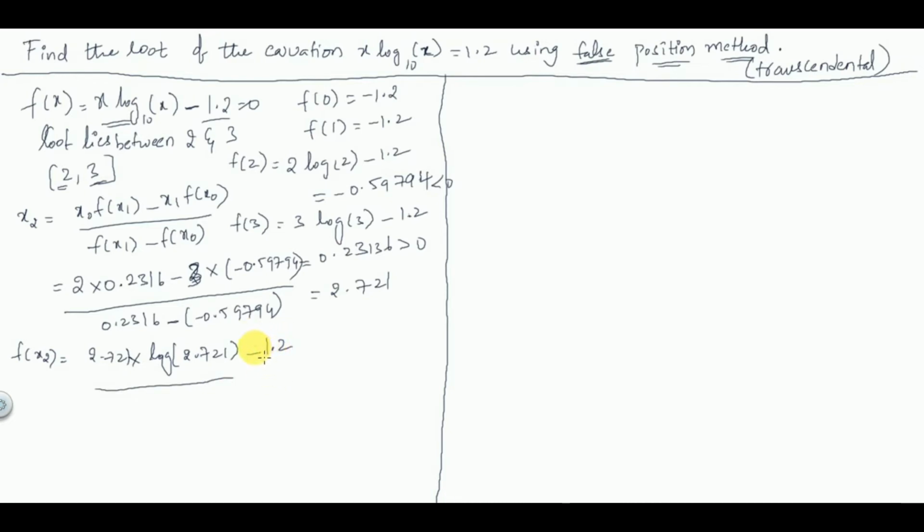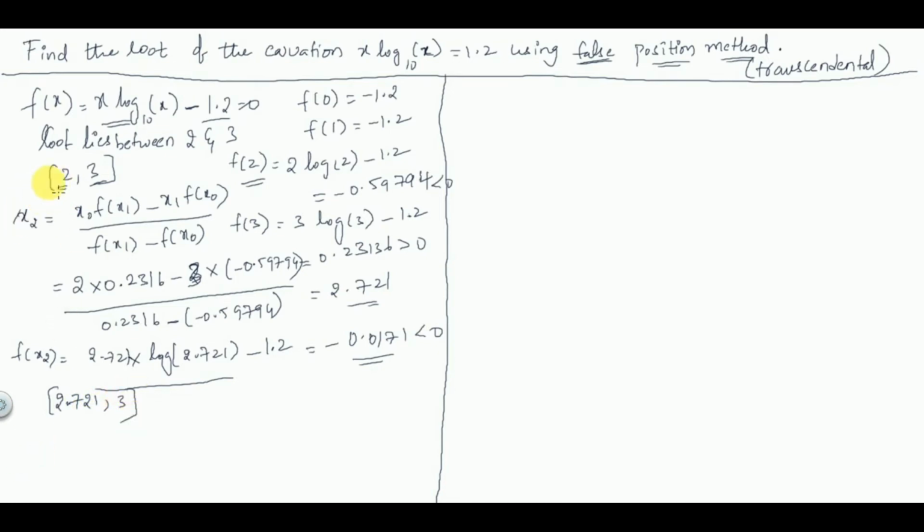You will get around minus 0.0171, which is less than 0, a negative value. So 2 is now replaced by 2.721, and now the roots are bracketed between 2.721 and 3.